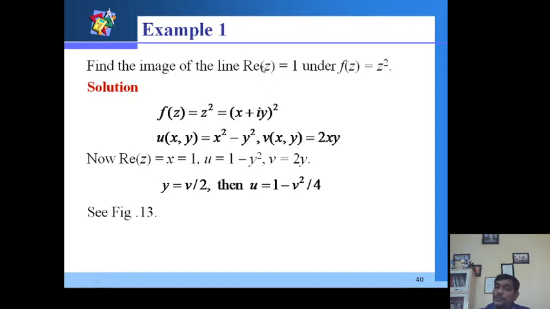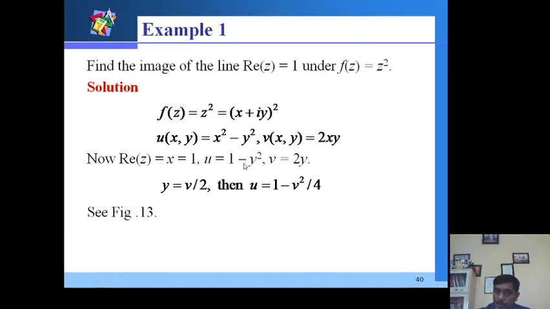What is real part of z? Real part of z means x is equal to 1. Substituting x is equal to 1, u is equal to 1 minus y square. Similarly, v is equal to 2xy, so with x is equal to 1, v is equal to 2y.